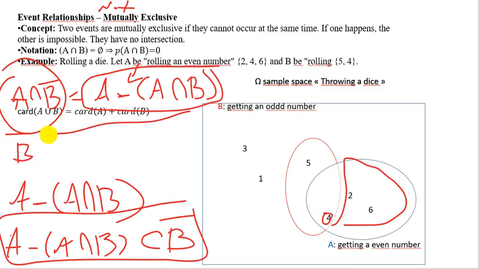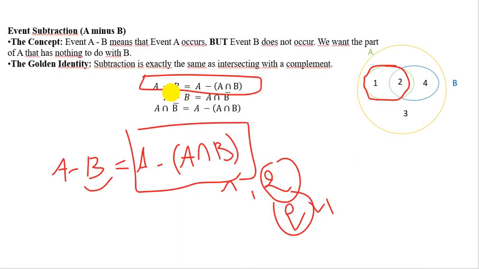This one we said only if they are not mutually exclusive, because if they are mutually exclusive, this one is null, so it is just A. Now let's go back here.